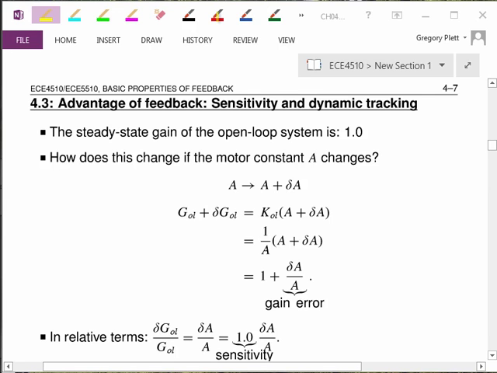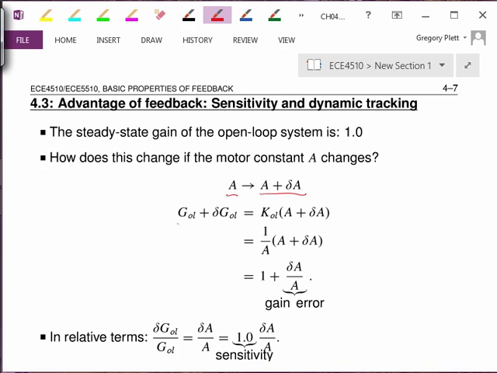For example, what if the constant A in the numerator changes? One way of thinking about that is to say the A that I had in my equations gets replaced by A plus delta A. Well, the gain of the open loop system then is the original gain plus some change in gain because of this change in the constant versus what I thought it was.